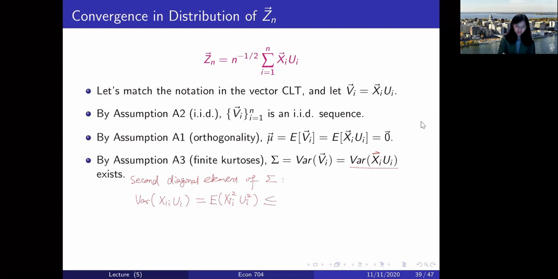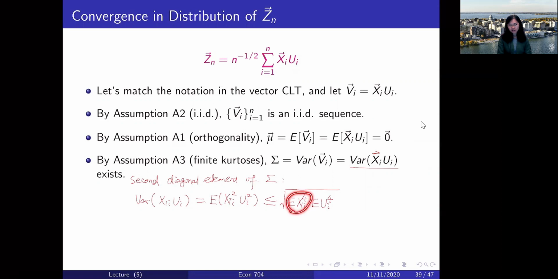And I will state, but without proof, that this is less than or equal to the square root of E of x1i to the power 4 times the expected value of ui to the power 4. And the finite kurtosis assumption says that this is finite.